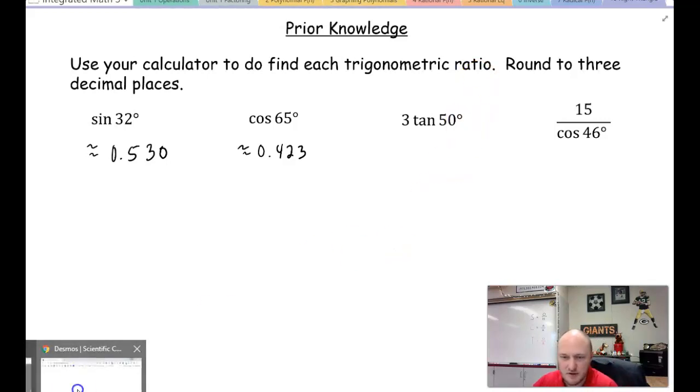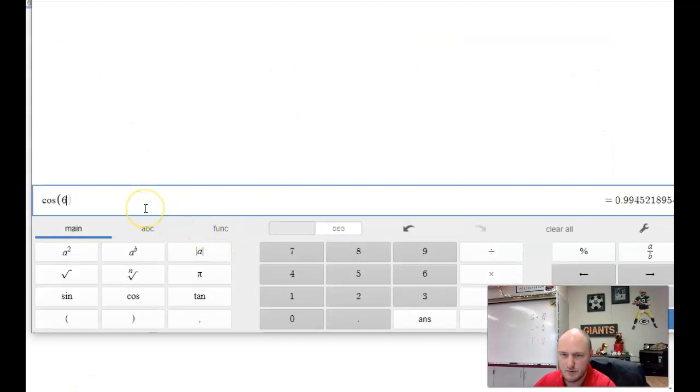Okay, 3 times tangent of 50. So let me go ahead and bring this up. Okay, so 3 times tangent of 50. Tangent of 50. And we get 3.575. 2 is less than 5, so 3.575.